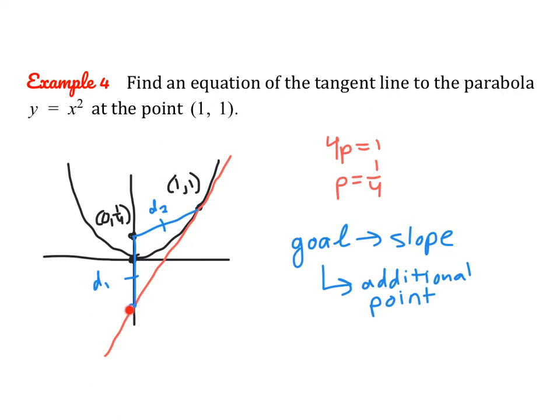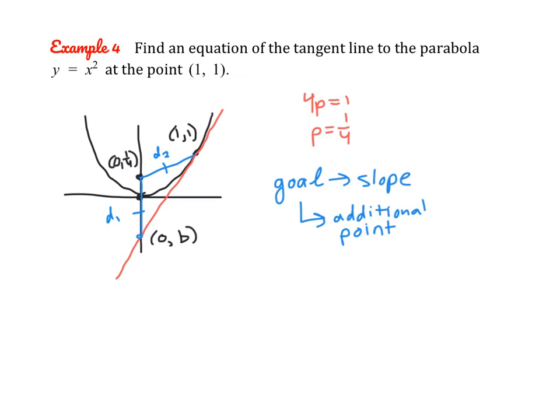We don't know what this point is, but let's call it (0, b). So the first thing we're going to try to do is to define D1. D1 is just the distance from here to here. I want to remind you that if I asked you to find the distance between two things, you would find that by subtracting. So the distance between this point and this point is actually going to be 1/4 minus b.